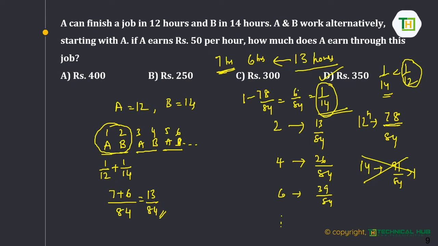But what I need is how much money I can give to A. Within these 13 hours, A worked for 7 hours and B worked for 6 hours. I know the compensation for A is 50 rupees for each hour. Since he worked for 7 hours, his compensation should be 7 into 50, 350.